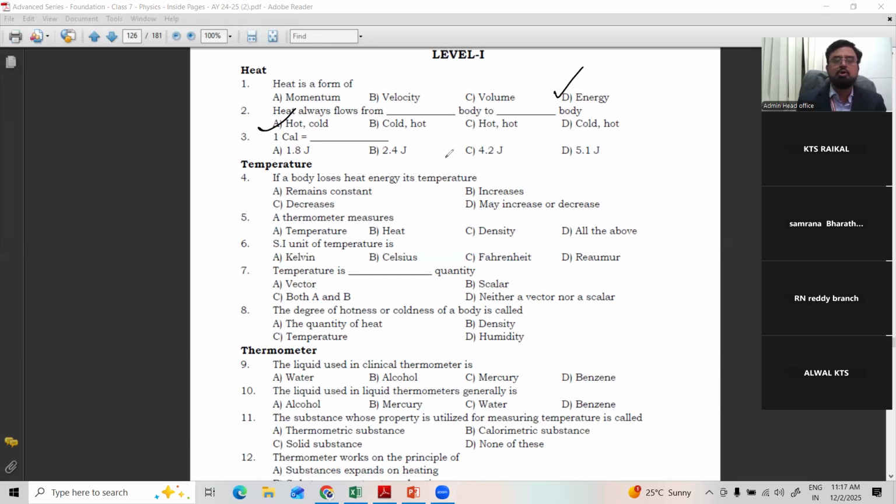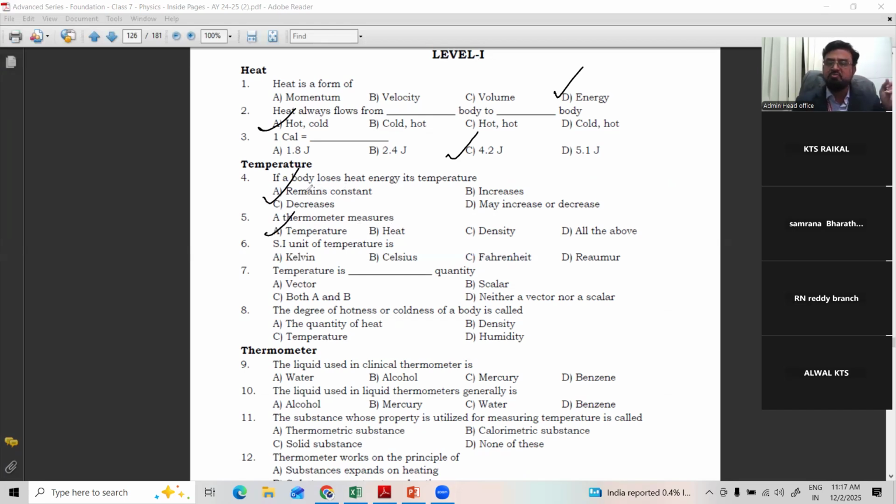1 calorie is equal to 4.2 joule, I already told you. Similarly, the next question is based on temperature. If a body loses heat energy, its temperature decreases; if it gains, it increases. A thermometer measures temperature. These are simple questions you can answer on your own.